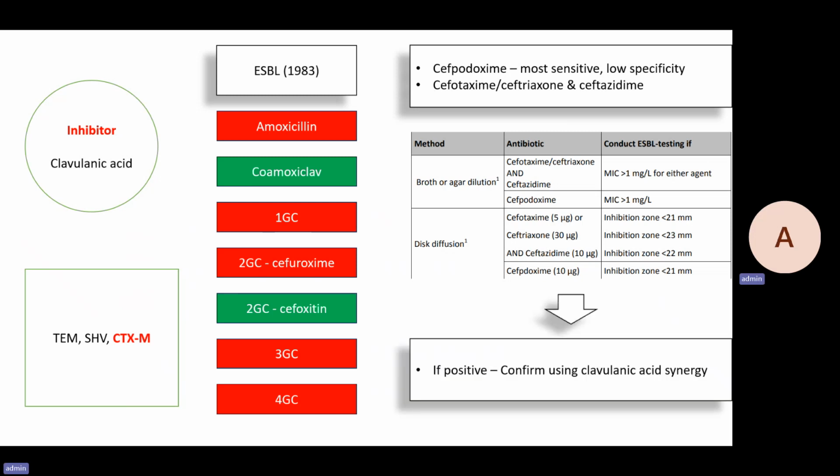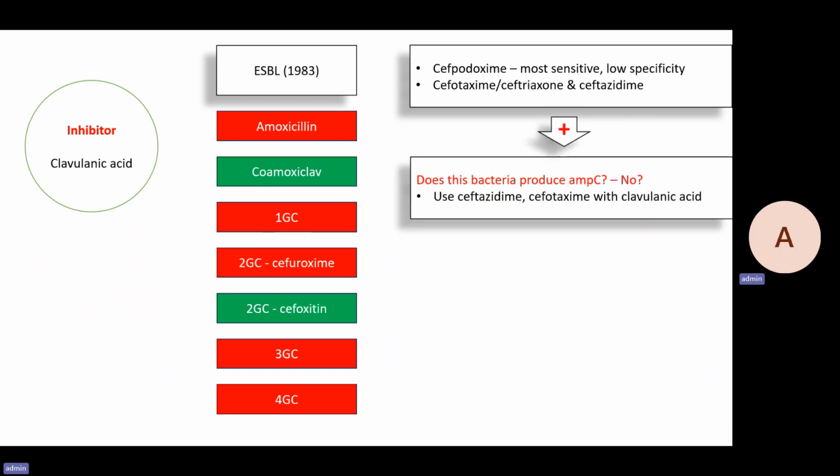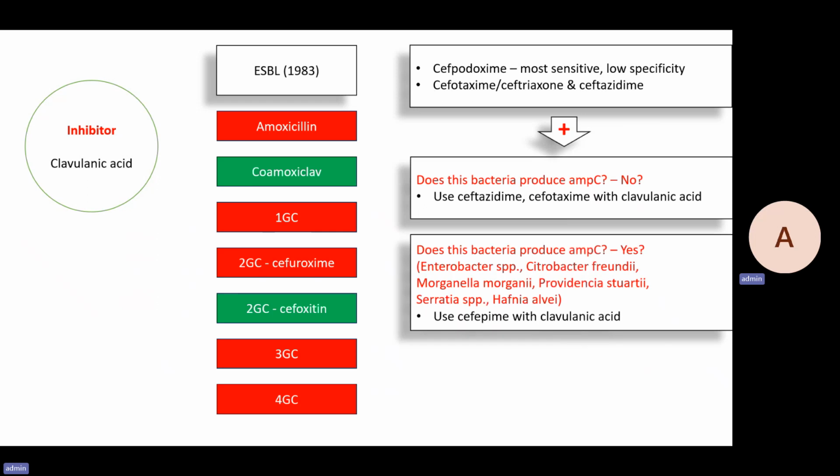What happens if you find that your screening with cefpodoxime, or with cefotaxime and ceftazidime, is positive? If you find screening is positive, then you go for a confirmatory test using clavulanic acid. This is how we do it. Once we find that the screening is positive, we do our confirmatory test based on what bacteria you are testing, so you need to identify the bacteria.